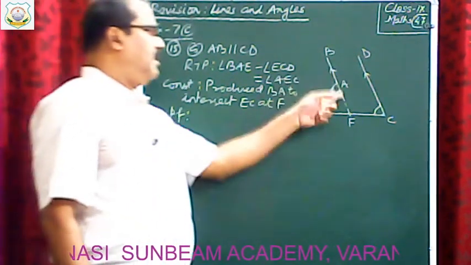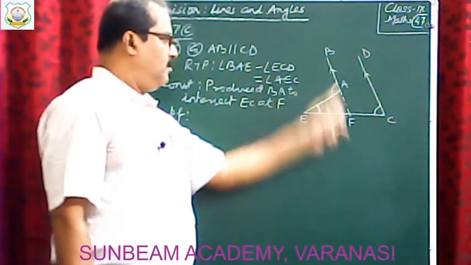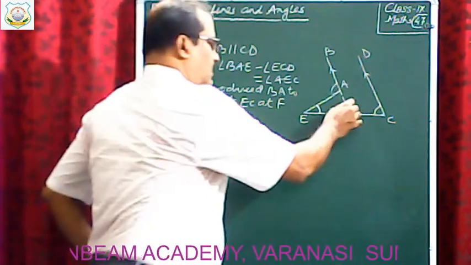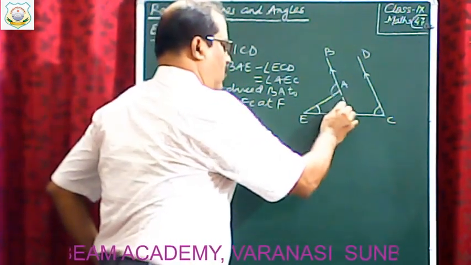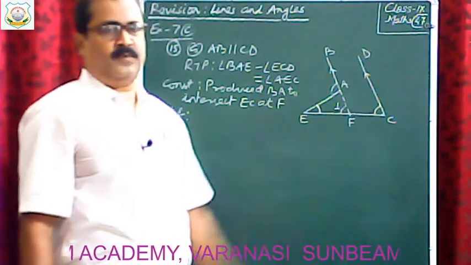We have AB parallel to CD. So BA produced means BA parallel to DC. Then angle 1 equal to angle C, both are corresponding angles.